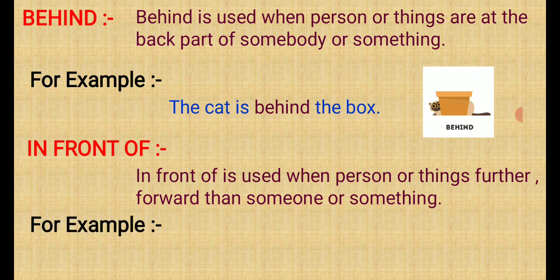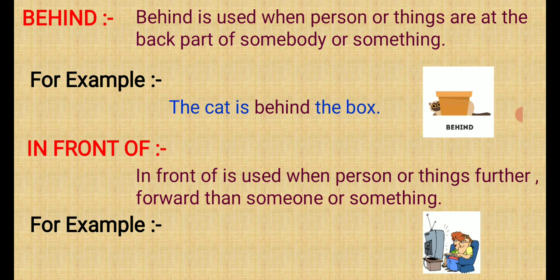Let's see the picture. Look at the picture. The two people are sitting on the sofa and the TV is on the opposite side of their faces. The faces of the people are facing the TV. So what will be the sentence for this picture?